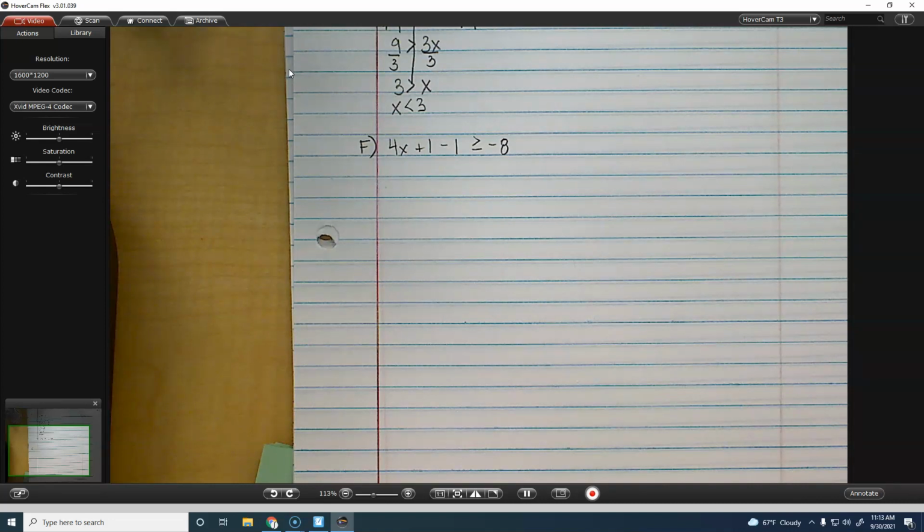My pencil is not working. Negative 2 times, just go negative 2. Negative B plus 2. Okay.